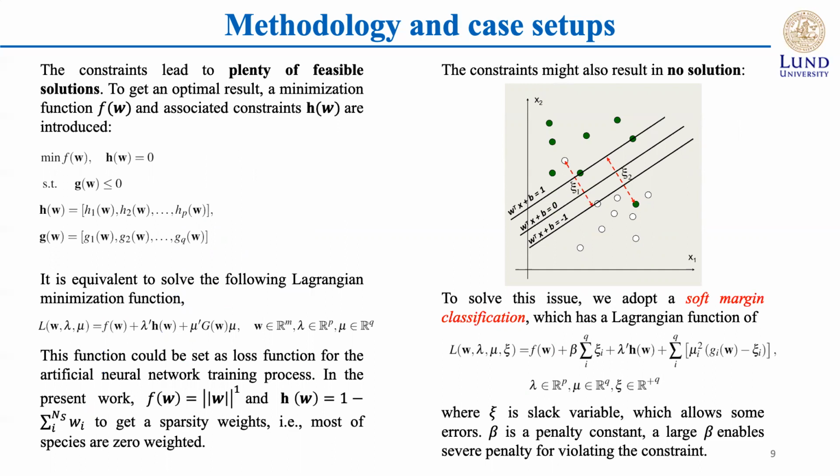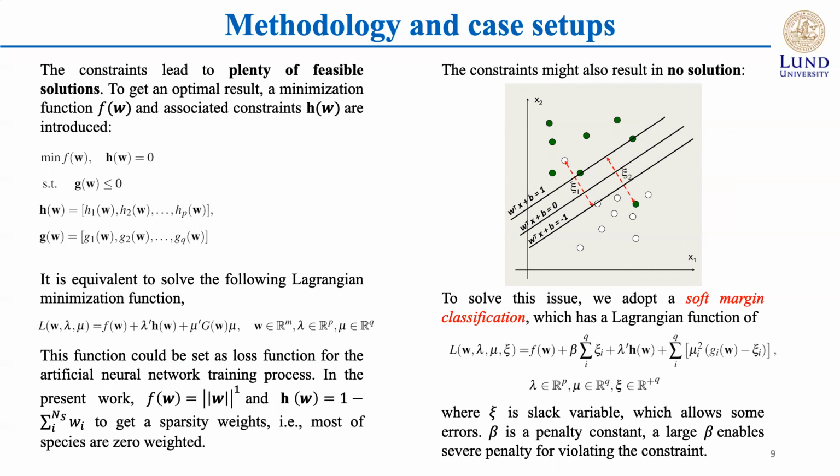For example, we define f(w) as the L1 regularization of vector w and h(w) to be the sum of w_i equal to 1. This will give us a sparse weight vector w, or we say most of the species are zero weighted. This is what we want. The progress variable definition will be easy.